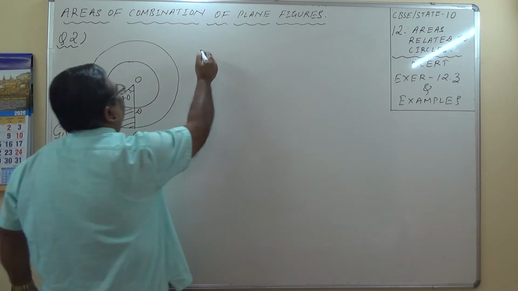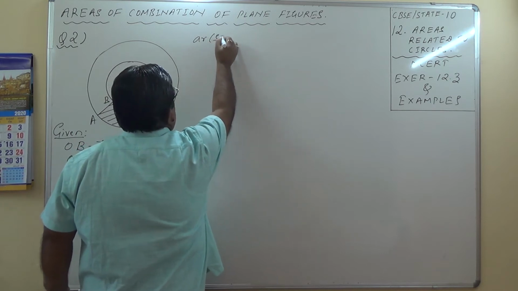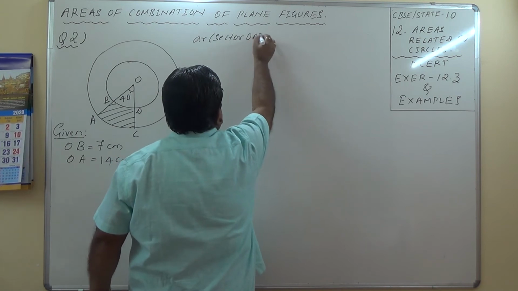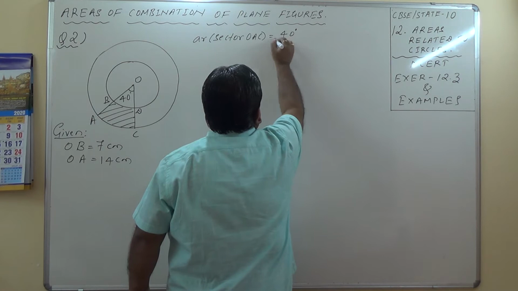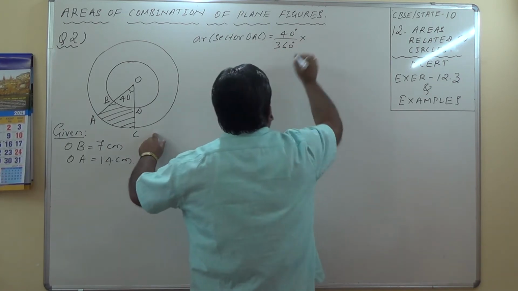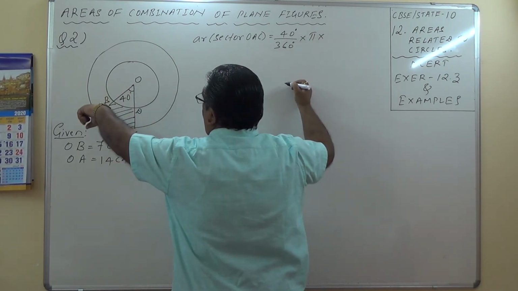So here, area of sector OAC is equal to 40 degrees by 360 degrees into pi into OA square.